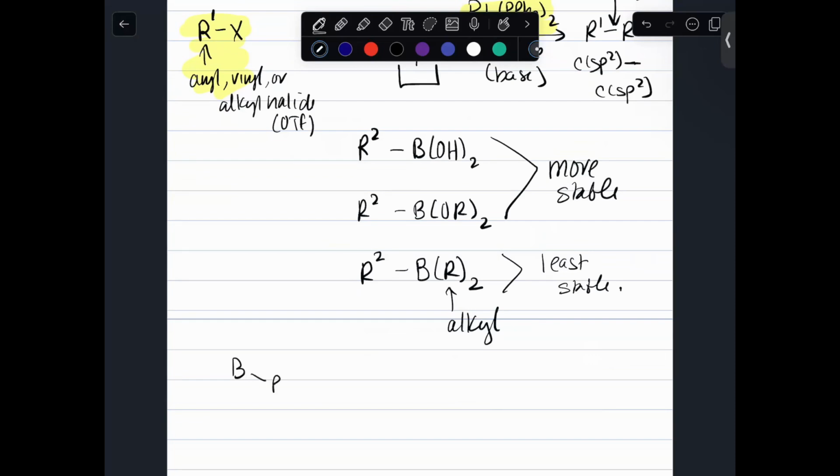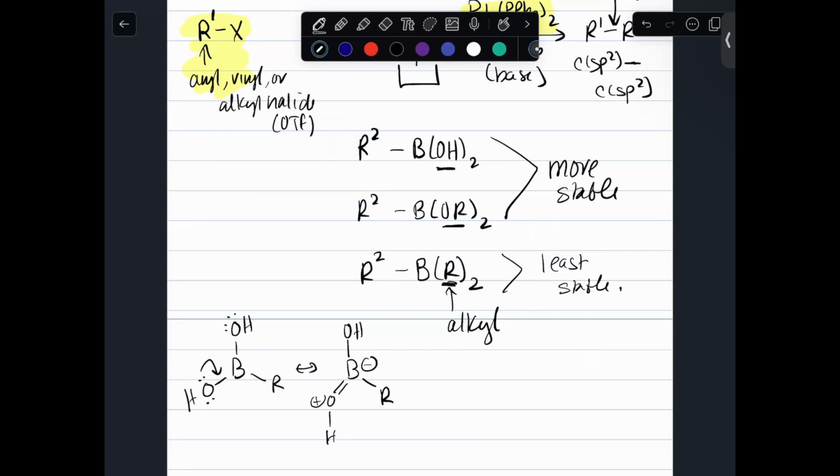It can only bond to 3 things. It has an empty orbital. And because it has an empty orbital and it's bonded to either hydroxy or alkoxy group that have lone pairs, you can donate electrons via resonance and satisfy that octet rule and stabilize your compound.